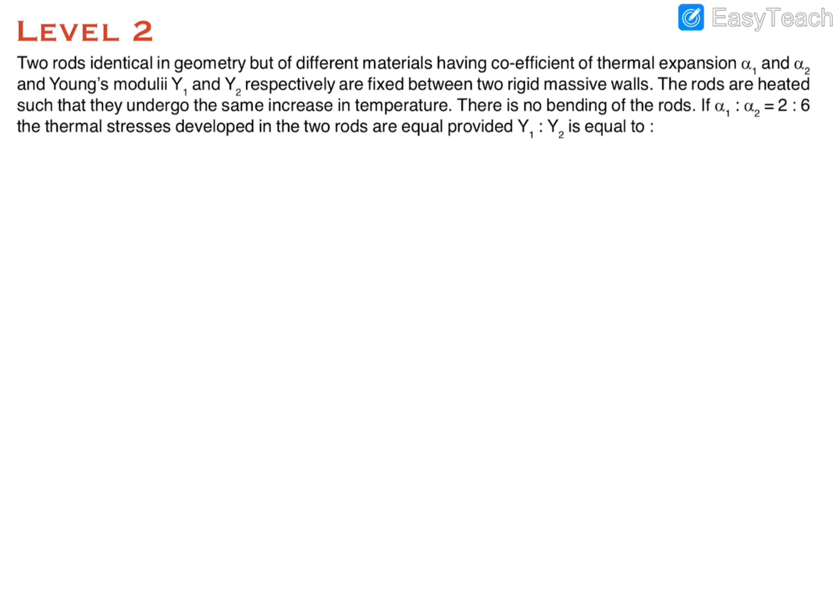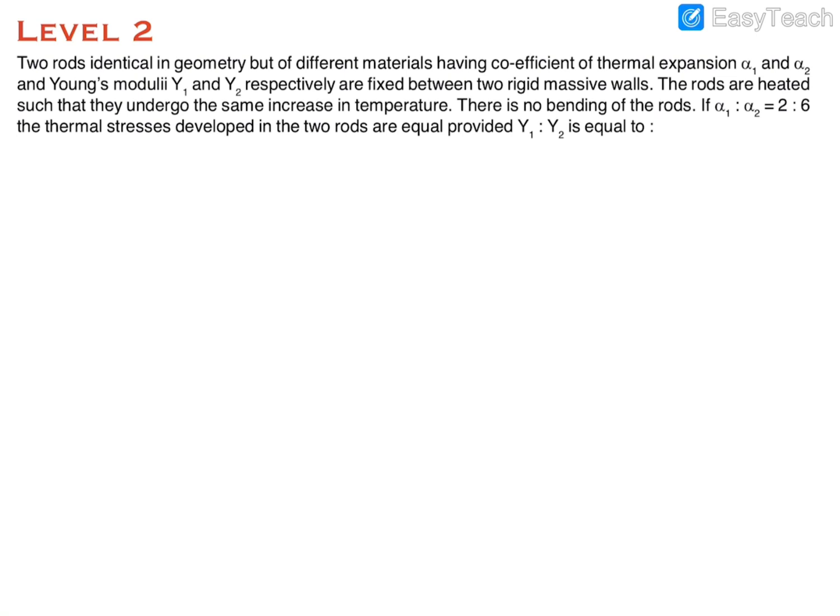In this question, it is given that there are two rods which are identical in shape and size, but their material is different. Their coefficients of thermal expansion are alpha 1 and alpha 2, and their Young's moduli are Y1 and Y2 respectively.